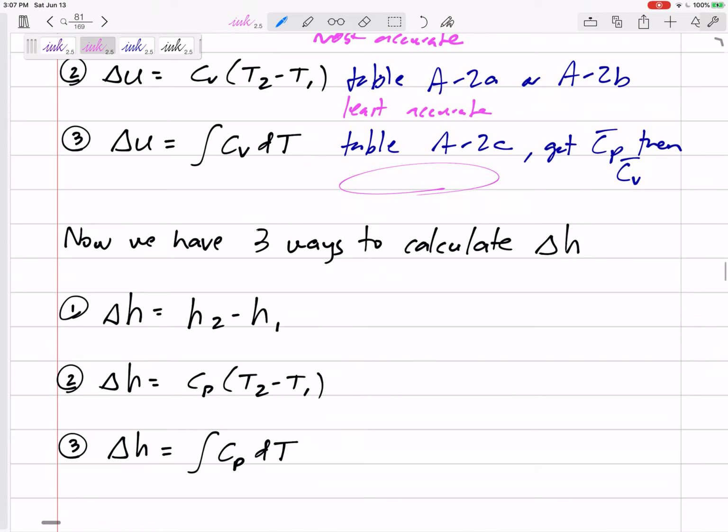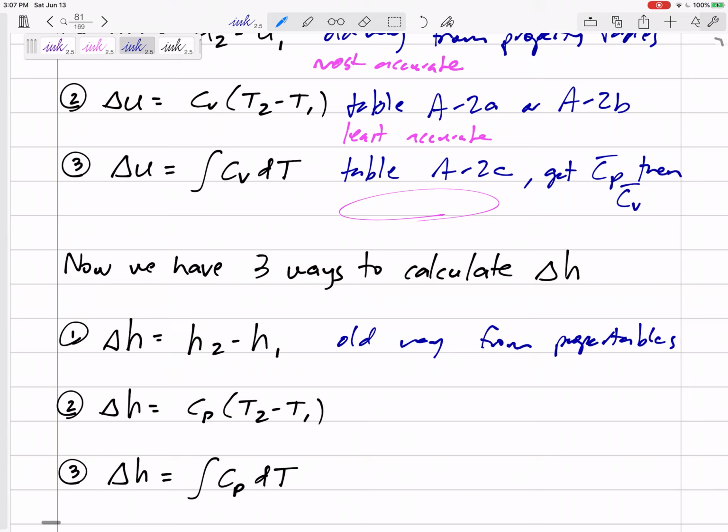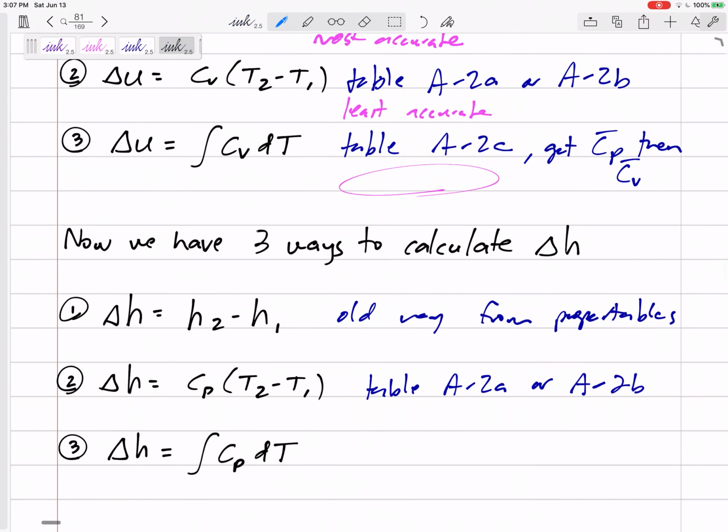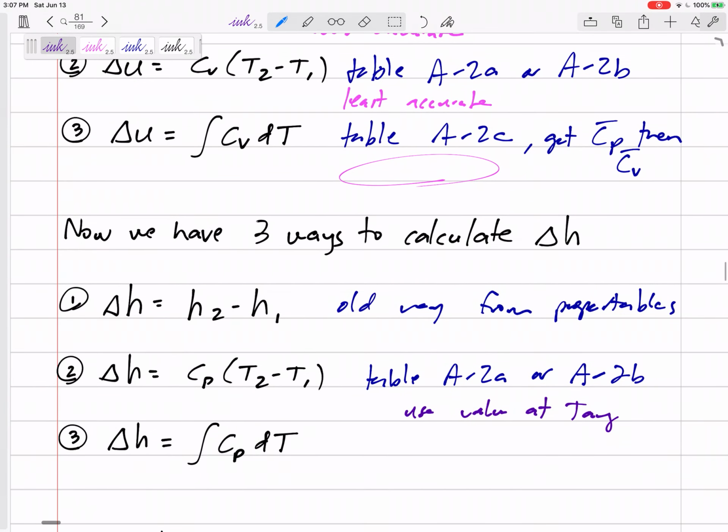What if we want to find delta H? Then our old way is from property tables. Our newer way is from table A2A or A2B. And remember, for these, use the value at T average and interpolate if you need to.